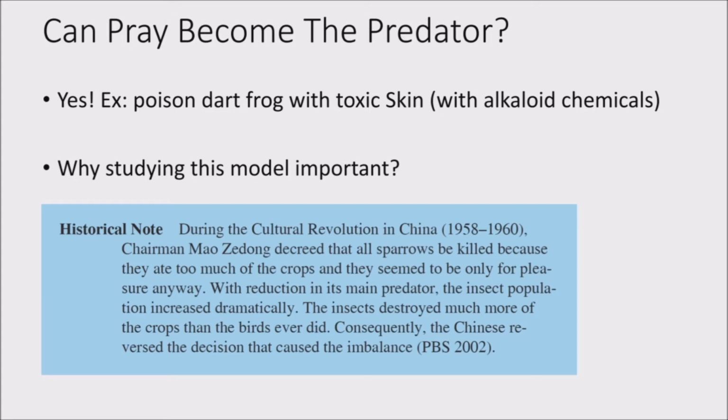Can prey become a predator? Oh well, the answer is yes. They have a good example here about the poison dart frog. That's a little frog. Whenever a predator comes to attack them, the problem is these frogs have toxic skin. It is alkaloid chemicals in their skin, and they are very colorful, very bright, and anybody can see them.